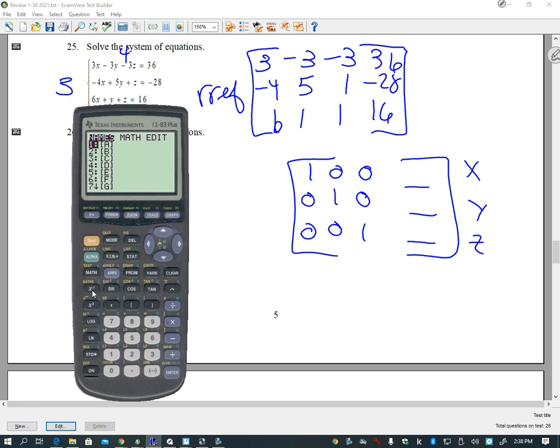We're going to do number 25, and then you guys are going to do number 26. Let me go back out here just so everybody understands the process.